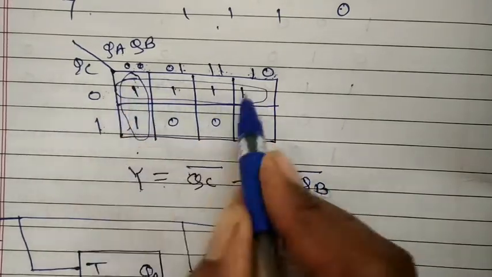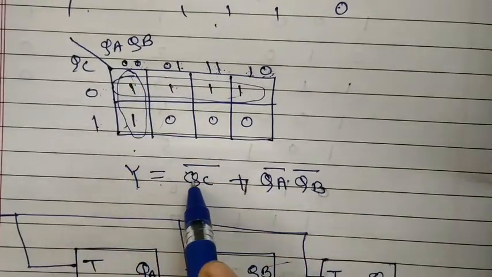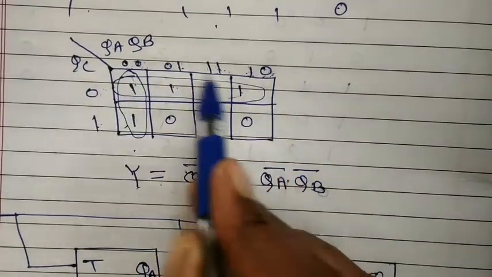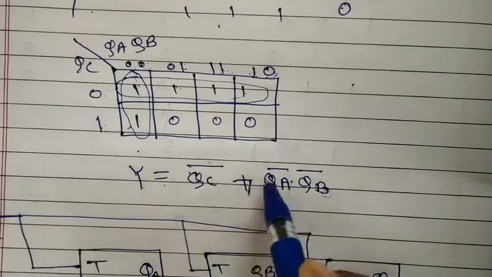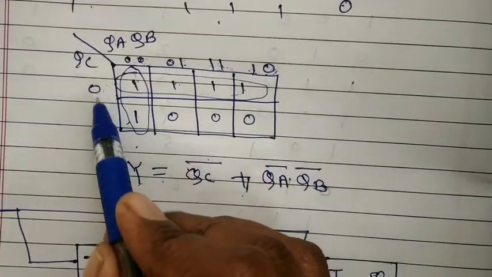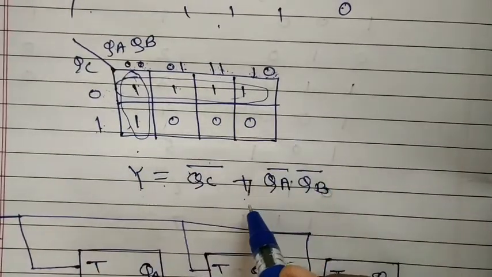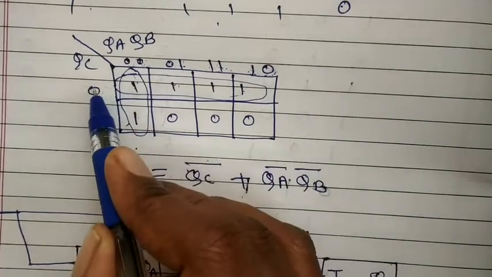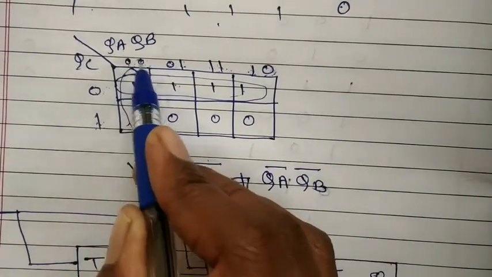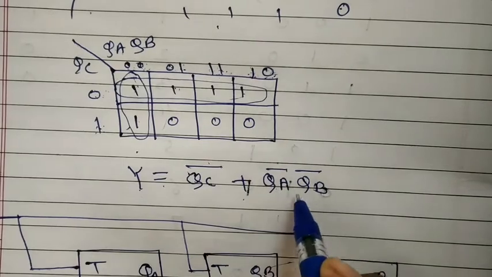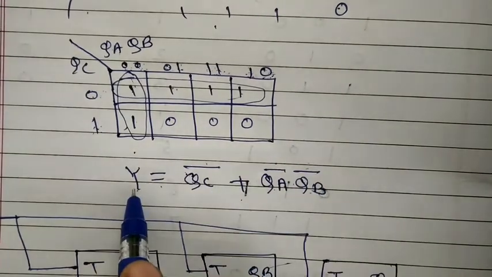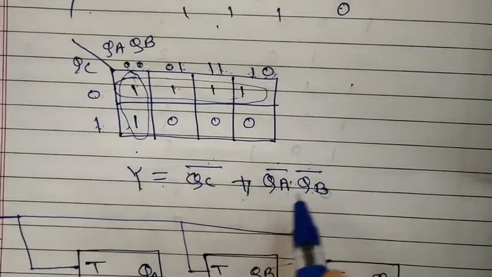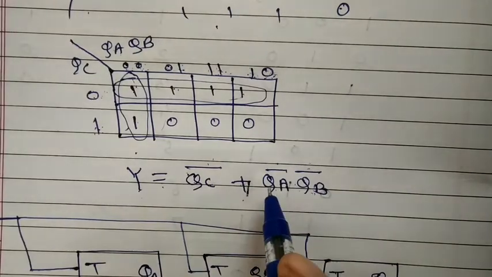Simplifying the equations, for this quad I am getting QC bar plus, for this pair QC bar and QC will get cancelled, so QA bar dot QB bar. So y expression is QC bar plus QA bar dot QB bar.